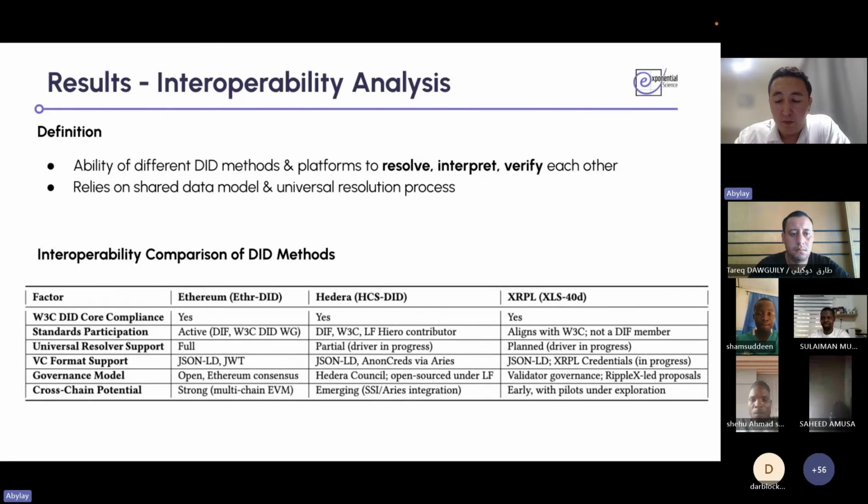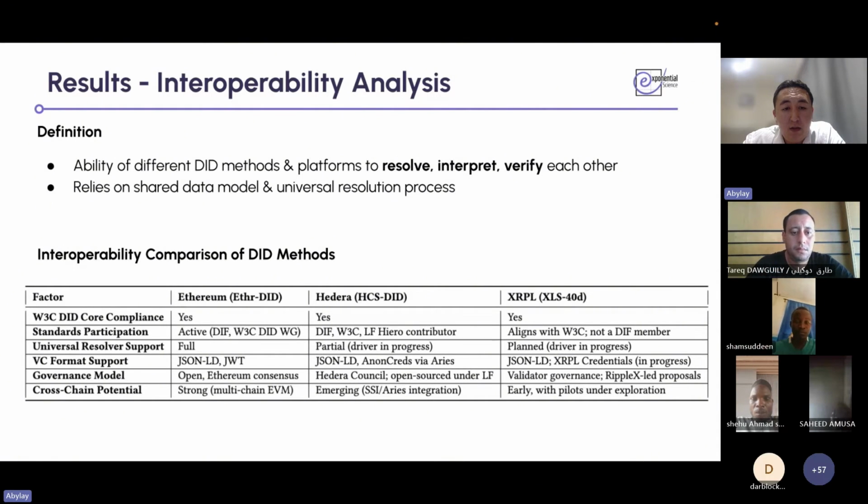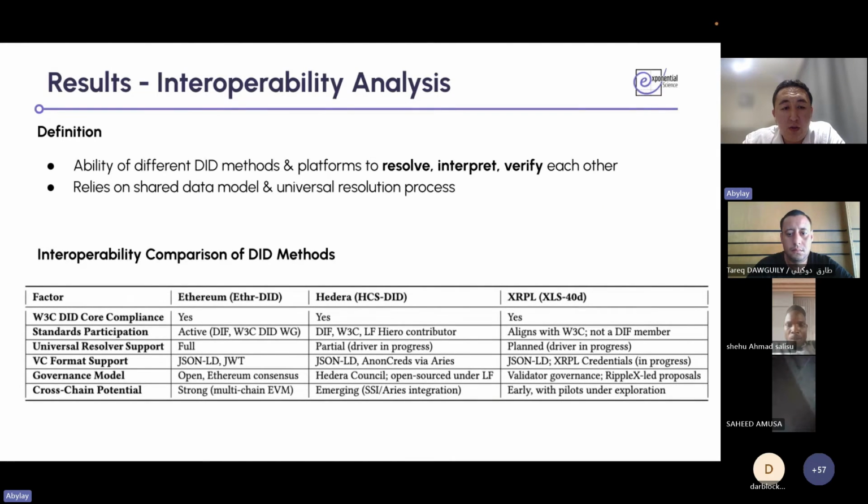Then we'll move to the demonstration. So basically what I can see is Ethereum is more active towards that. It has more cross-chain potential at this stage. It also supports universal resolver. In the case of Hedera, it's also working on that front.